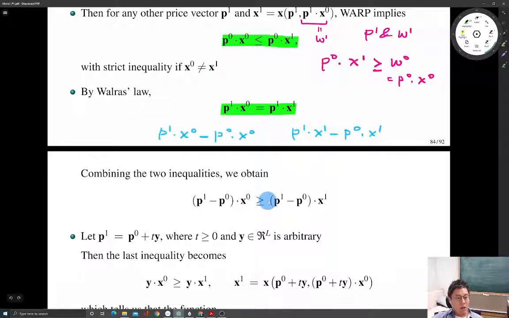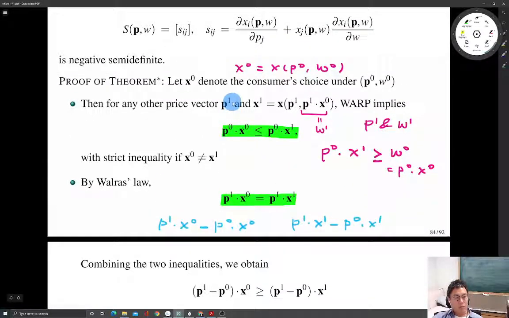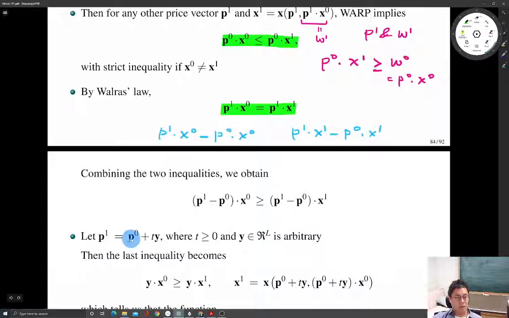Then remember P1 is any price vector other than P0, so we have a lot of freedom in the choice of P1. Let me choose P1 as P0 plus t times y.